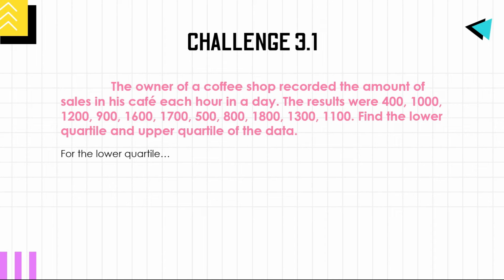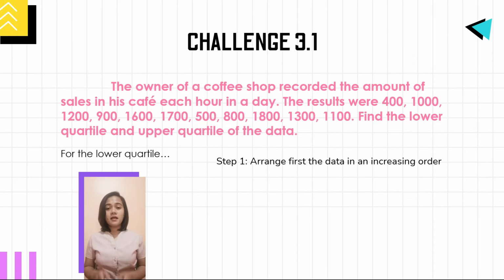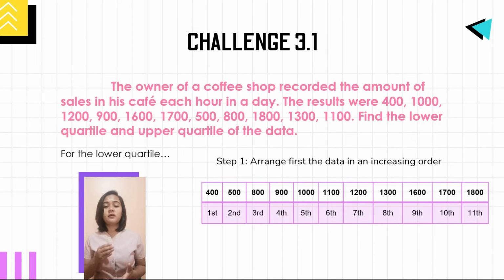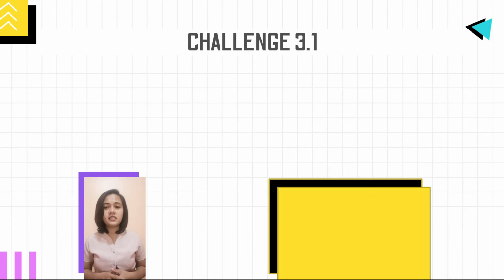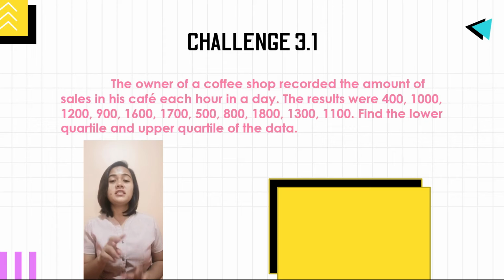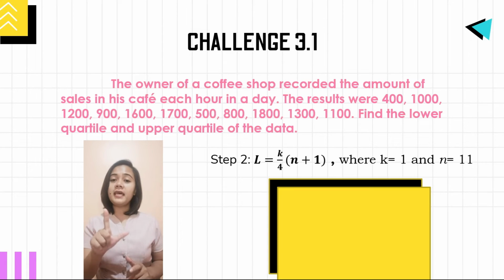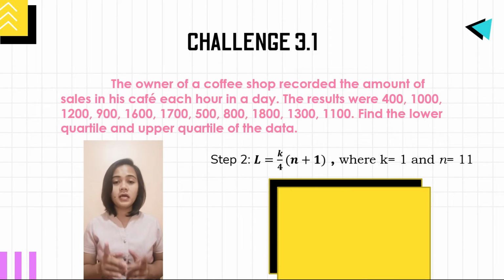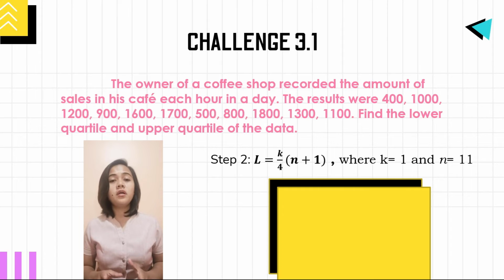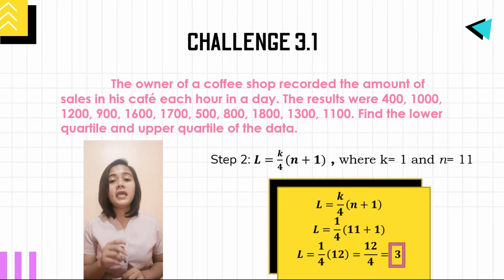Now for the lower quartile, arrange first the data in increasing order. That is, our first number is 400 up to our last number, which is 1,800. Step 2 is using our formula, which is L is equal to K over 4 times the quantity of n plus 1, where in our given, K is equal to 1 and n is equal to 11 because there are 11 elements in that observation.